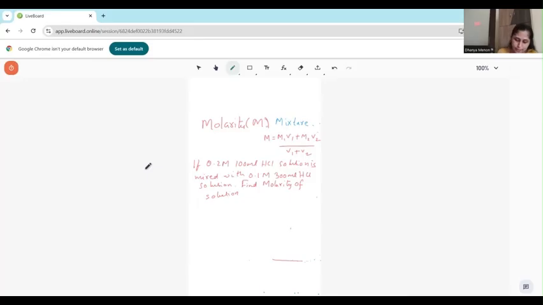So over here, we already have the formula in our hand. We can use it directly. Capital M is equal to the molarity of the first one times 100 plus the molarity of the second one times 300, divided by 100 plus 300.